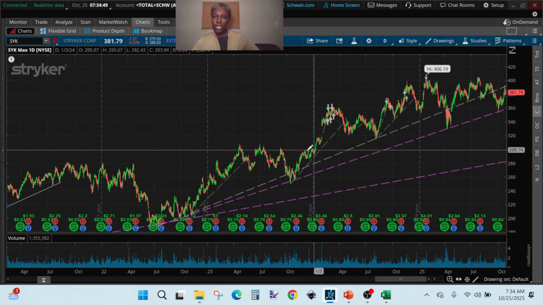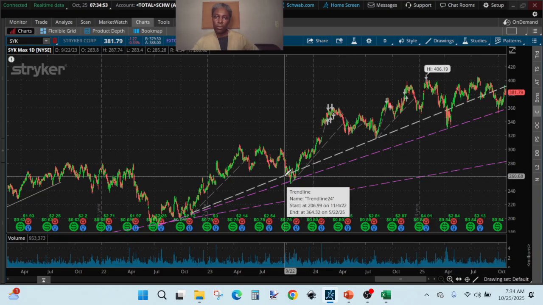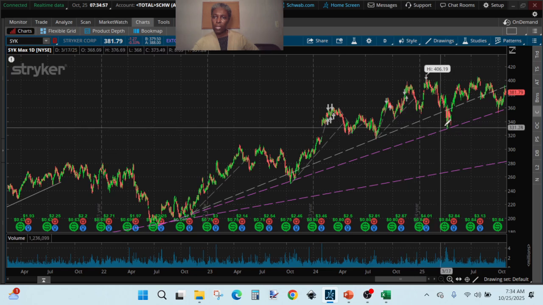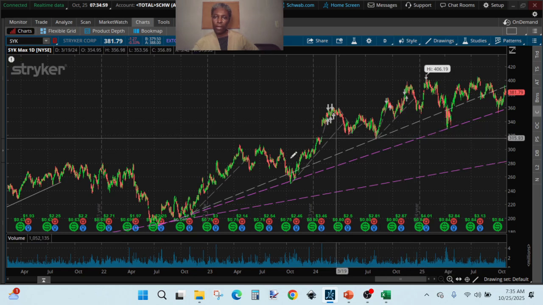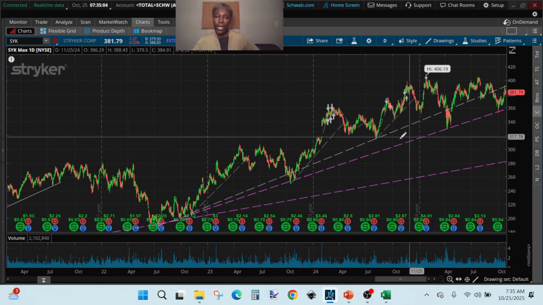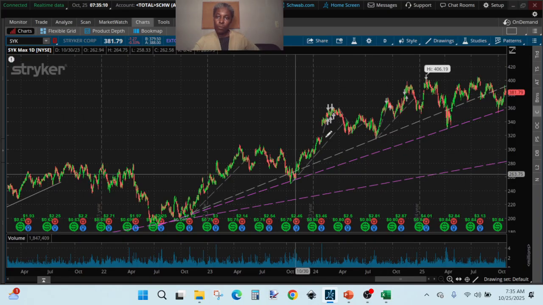Here is 1-year time frame before 1 year, 2 years. From there, this is 2024, so halfway 2025, so almost 2 years, it pulled back to it again. So in that sense we think this could be a valley line as well, because of the time frame between the two.